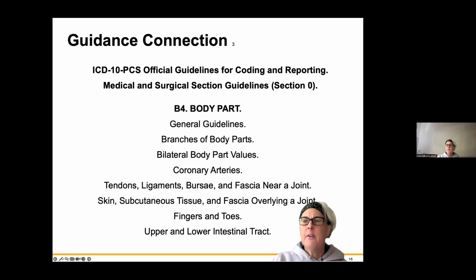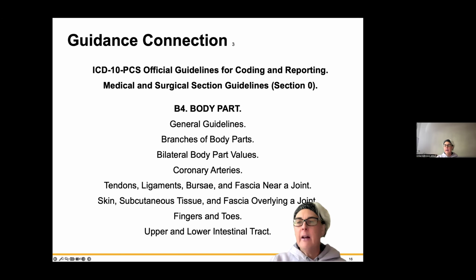So this is your reference point for the official rules for character 4. These guidelines tell you how to choose a correct body part value when the documentation and the tables don't line up perfectly, which is going to happen a lot. B4 is especially helpful for common tricky areas, including branches of body parts. That's when a structure has named branches.